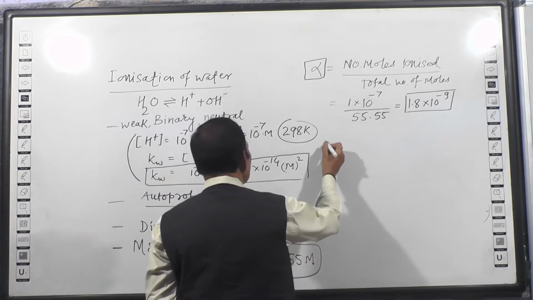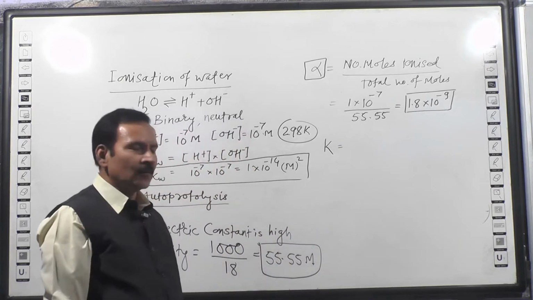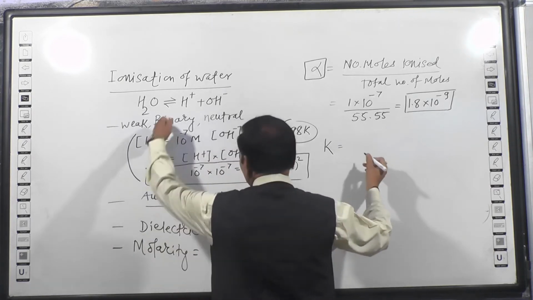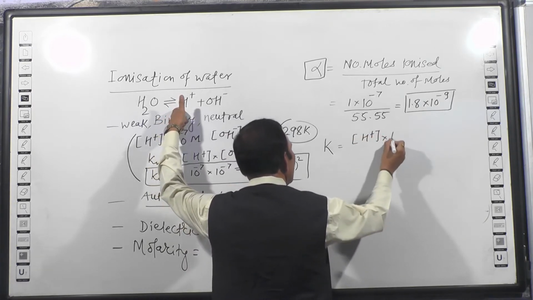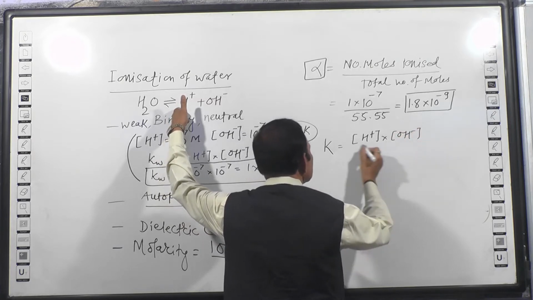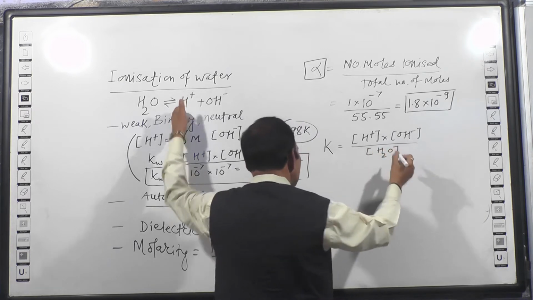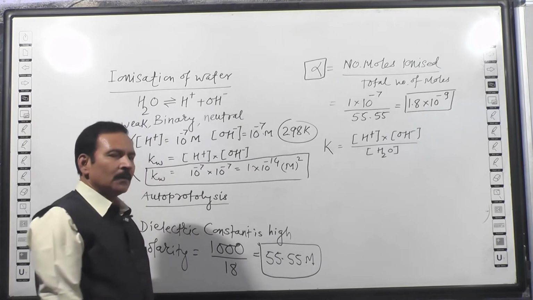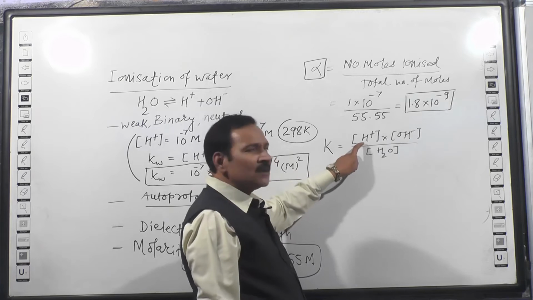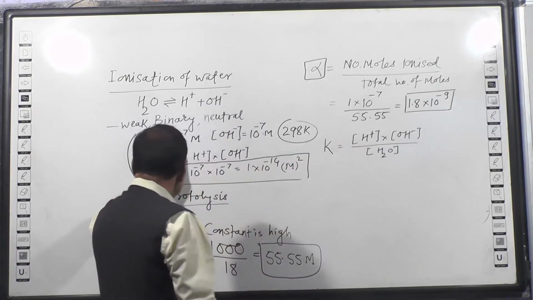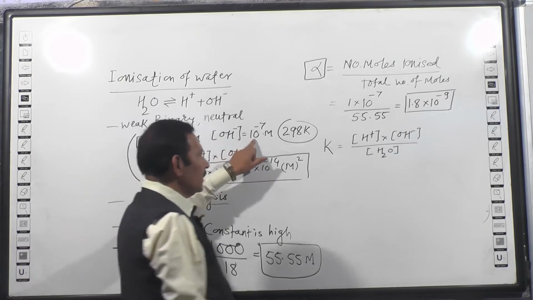Now what is the ionization constant of water? K. So the formula is, apply law of mass action to this. We are getting H plus into OH minus ions divided by the concentration of reactant, that is H2O. Now you know what is the value of H plus? The value of H plus is 10 to the power minus 7 mole. The value of OH minus is also 10 to the power minus 7 mole.